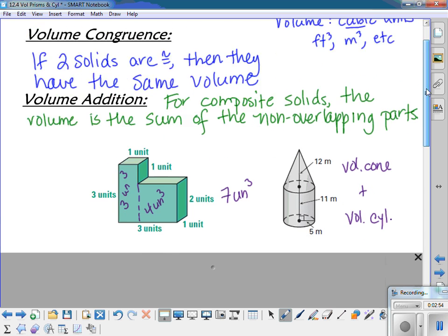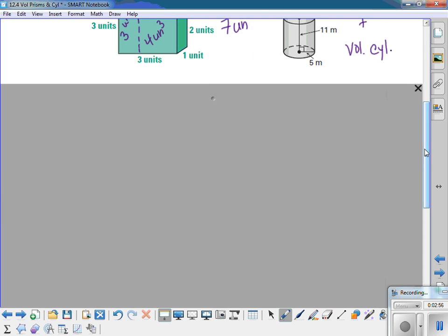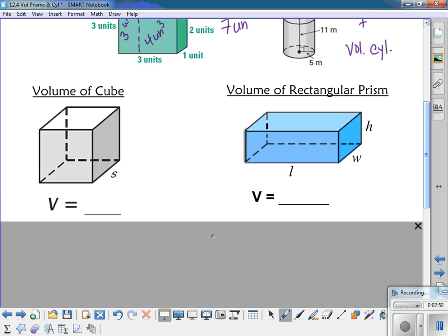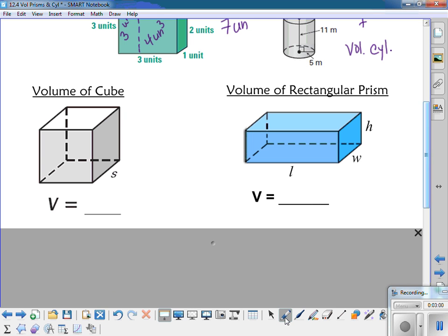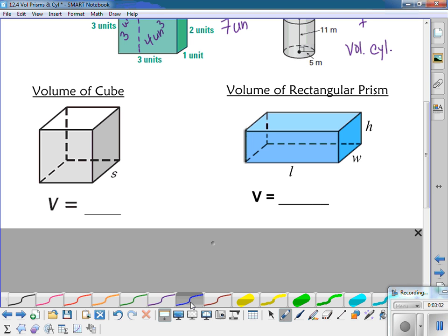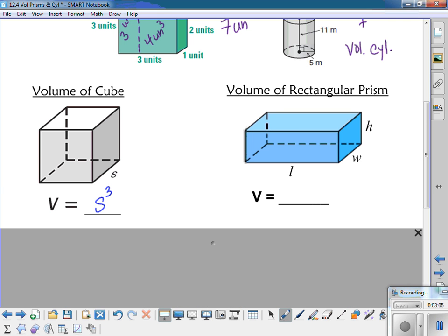Okay? Alright, so let's take a look at some specific formulas. If I have a cube, the volume of a cube is just the side cubed. And now you know where that expression comes from. And if I have a rectangular prism, I can just do length times width times the height to get the volume.